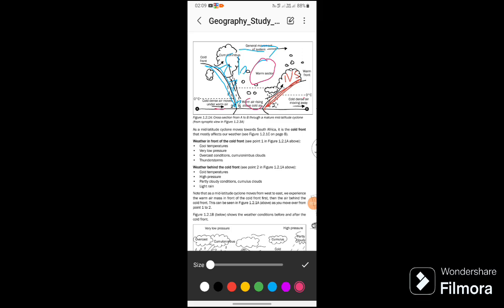Yeah, so basically what we need to know on this cross section, we must know the weather associated with the cold front and warm front, cold front and warm front.